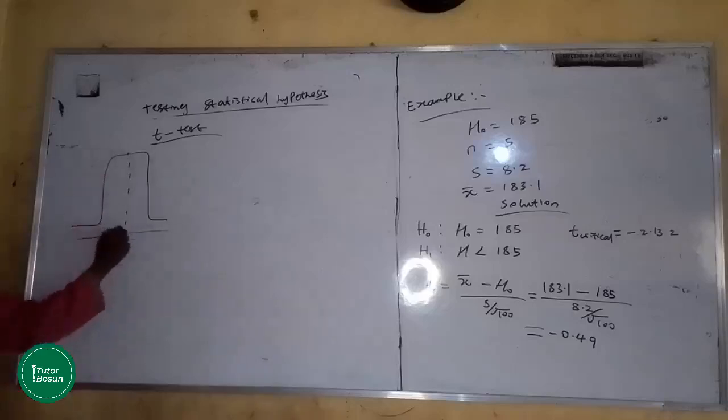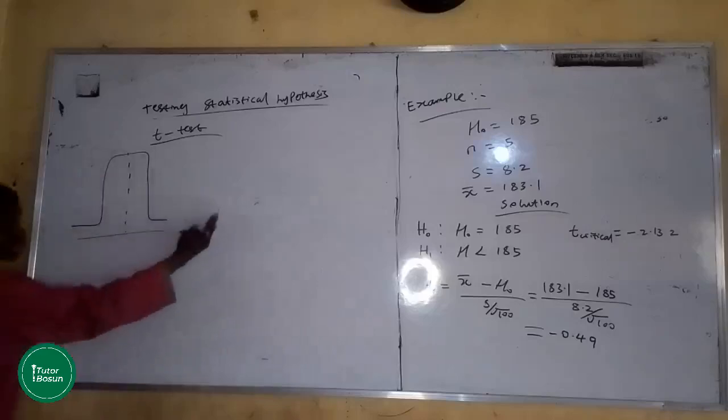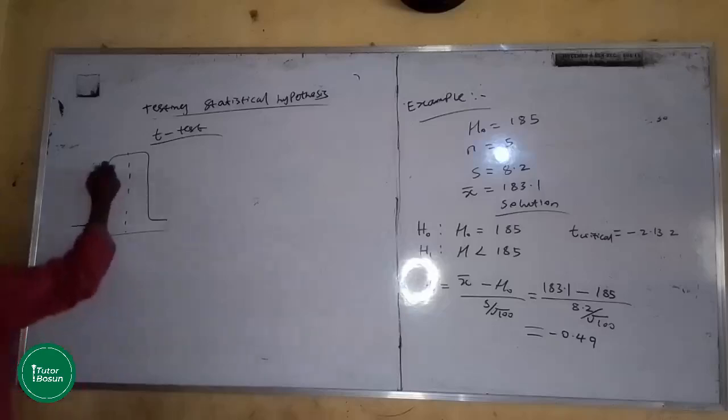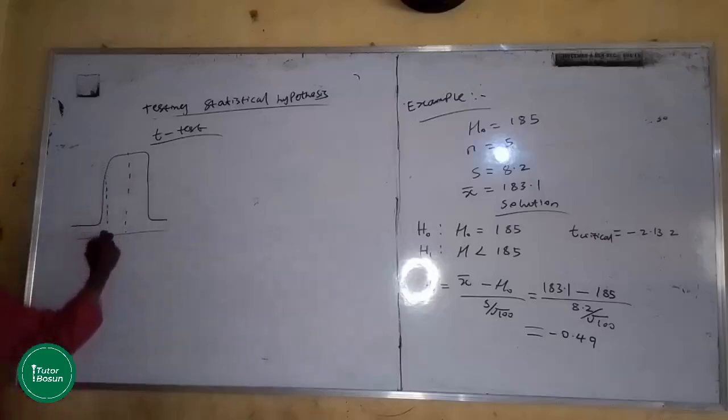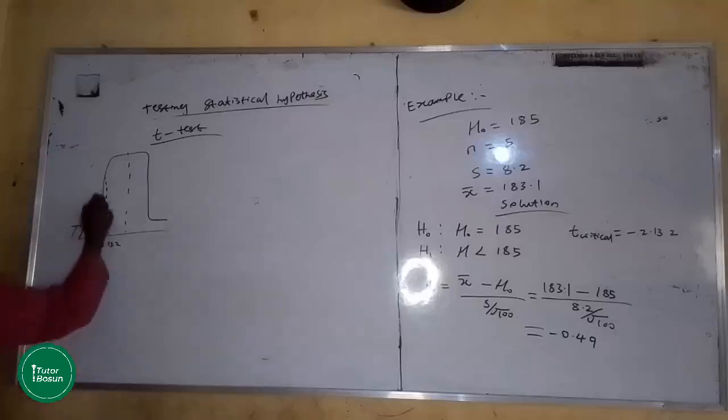So plotting your distribution, minus, that's the negative, it will be falling to this side and not this side. And minus 2.132 should be around here. That's the critical value. So anything that falls within this region will be rejected, as usual.